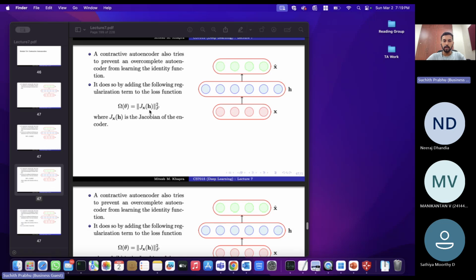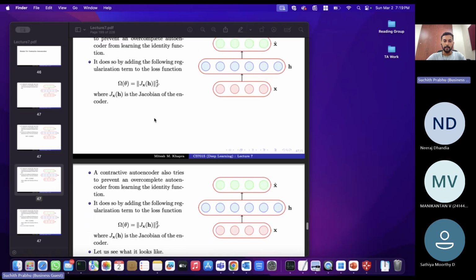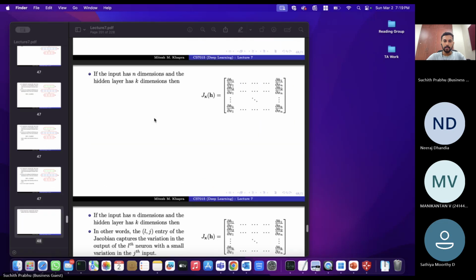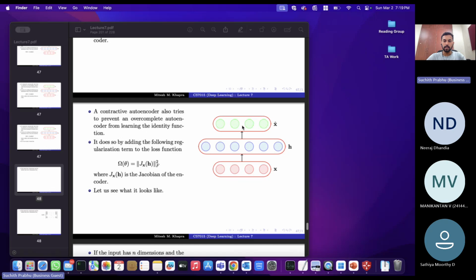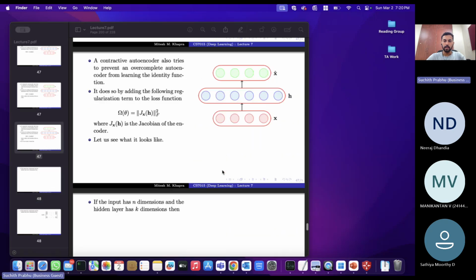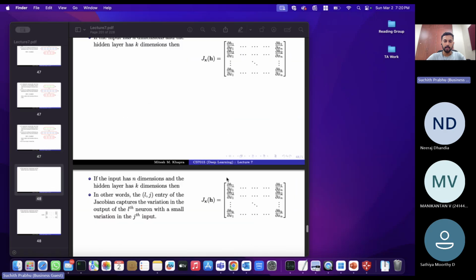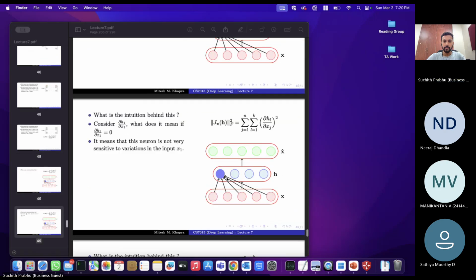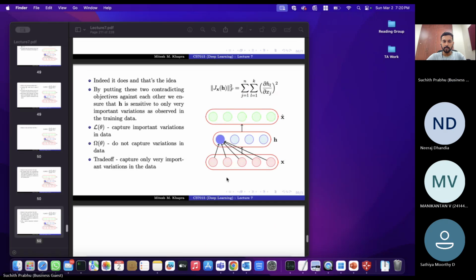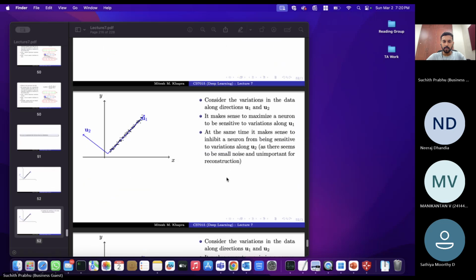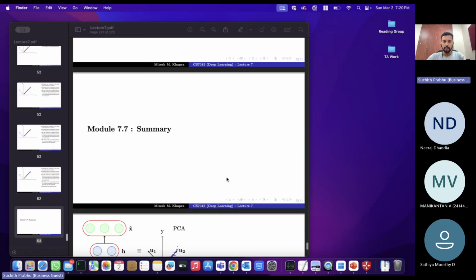So we are enforcing that the hidden representation should not be very sensitive to the input. What happens eventually is the network only learns very important features of X in the hidden latent representation. And I think that was it for this week.